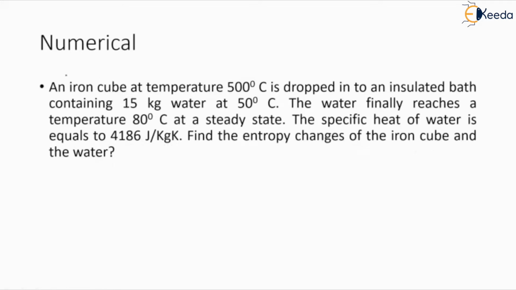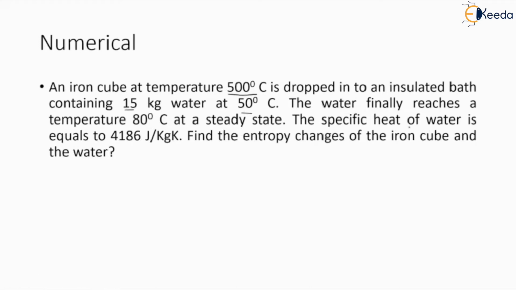So here we have one iron cube which is maintained at a temperature of 500 degrees centigrade. And if we drop this iron cube into an insulated bath which is containing 15 kg of water maintained at 50 degrees Celsius, the water will change its temperature and finally reaches 80 degrees Celsius at a steady state.